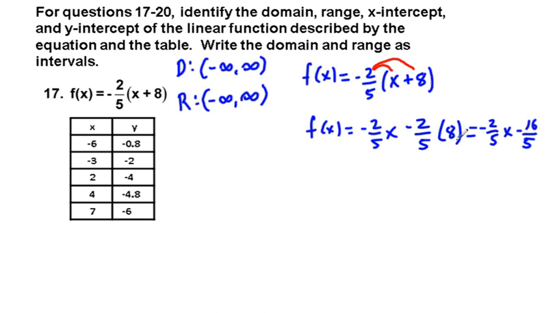Is that right? Yeah, and I think that's about as close as we can get. So say f of x is equal to negative 2/5 x minus 16/5.